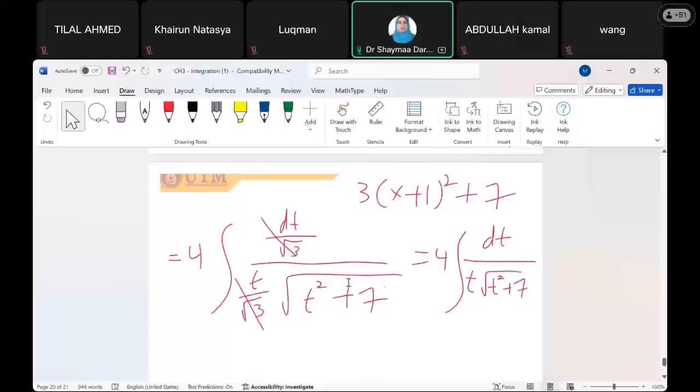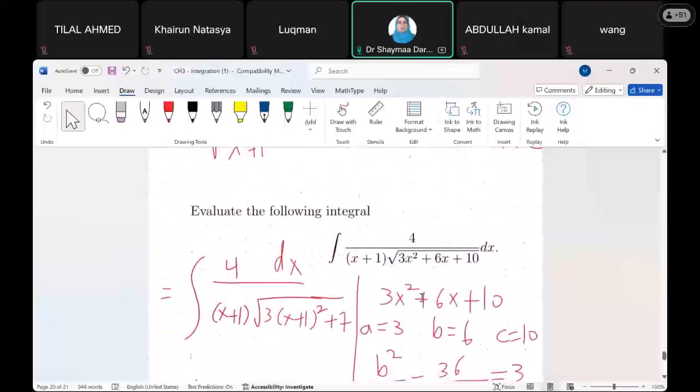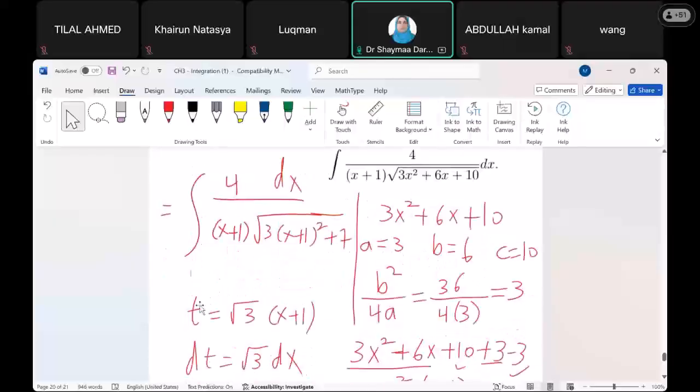Now it is ready to apply the formula. So the first step, I completed the square to cancel x from the quadratic expression. Now 3x squared plus 6x plus 10 is replaced by this expression. Now I have to change my integration from x to another variable, for example t. How to choose t?